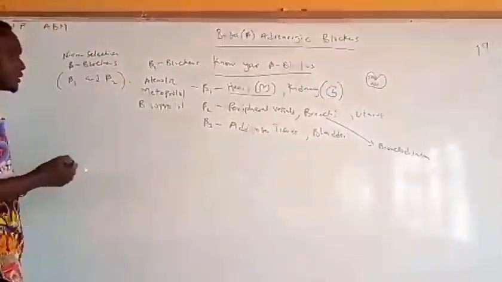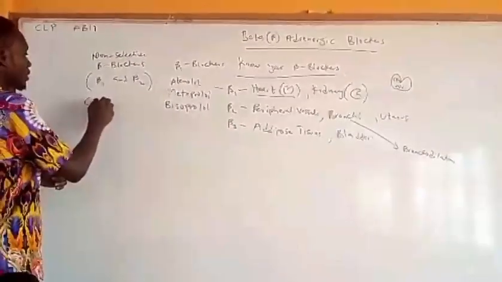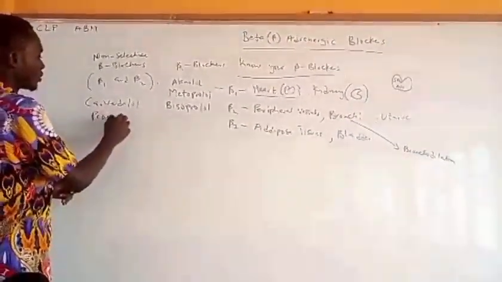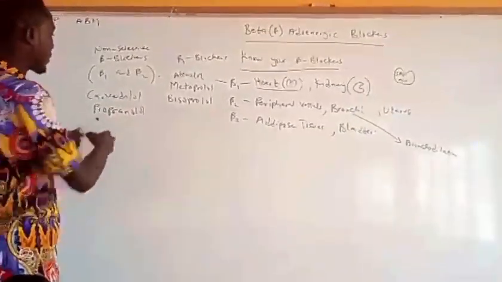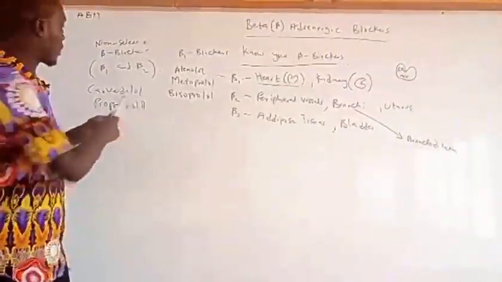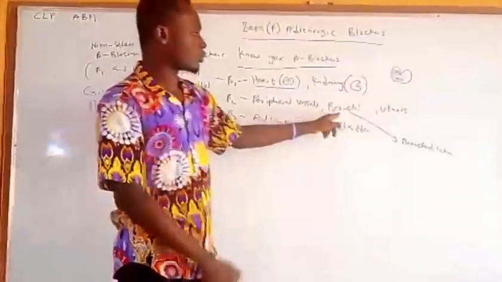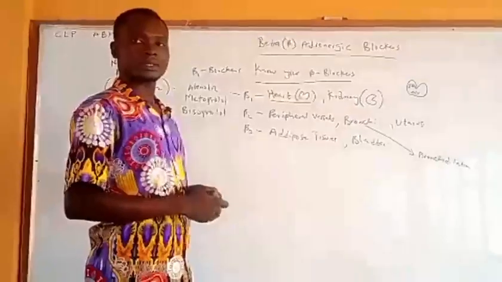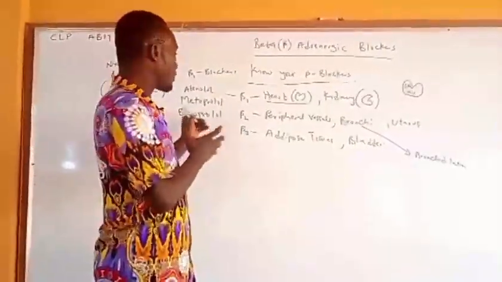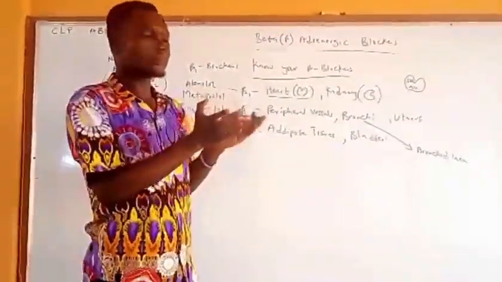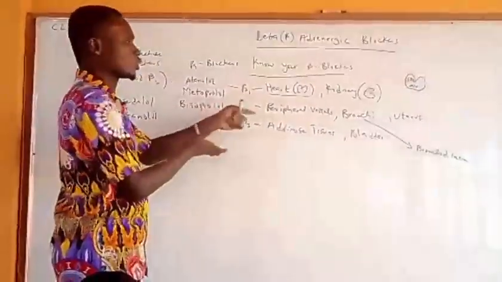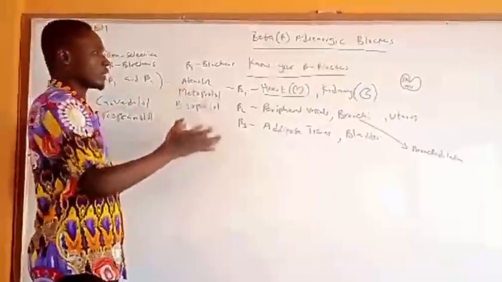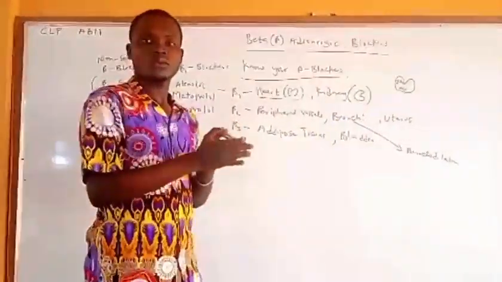When we give a patient this kind of drug, like carvedilol, like propranolol, they can go to the bronchi and cause bronchoconstriction, which is going to be a side effect. That's why patients suffering from asthma or COPD are not given non-selective beta blockers, because it will contradict the purpose we are giving the drug for.